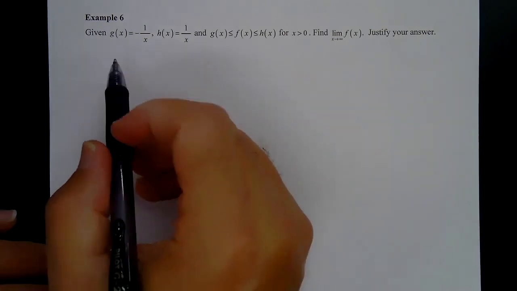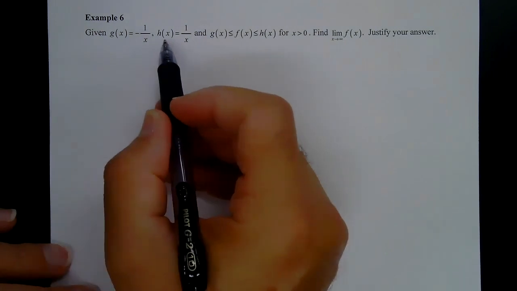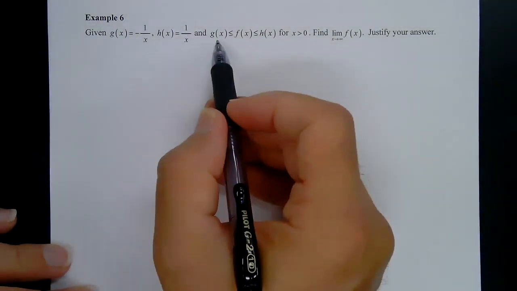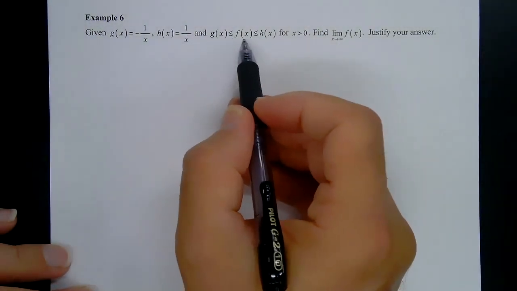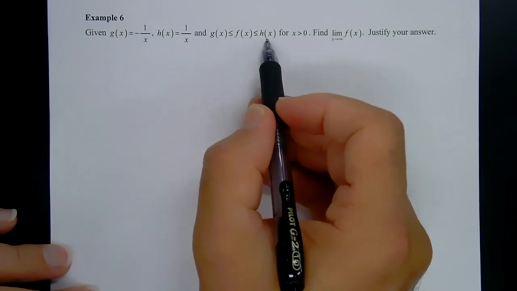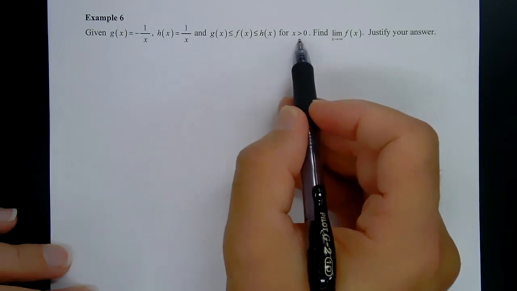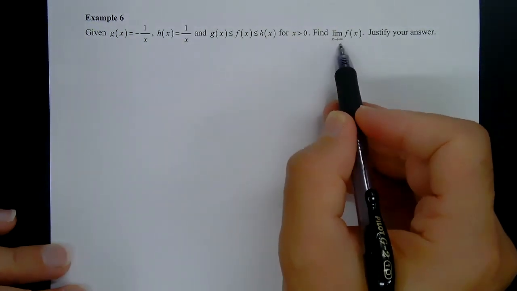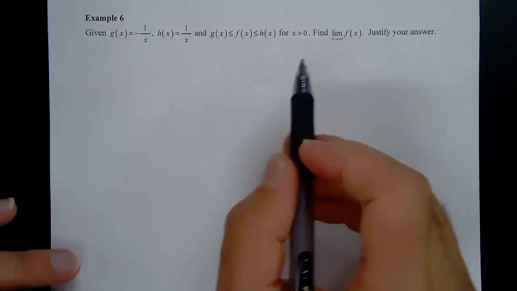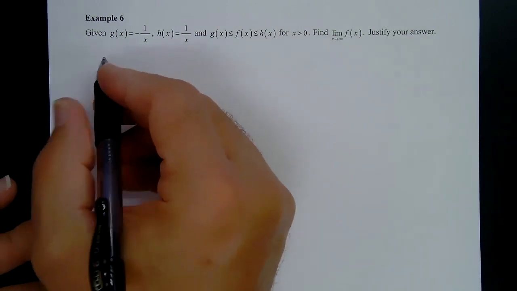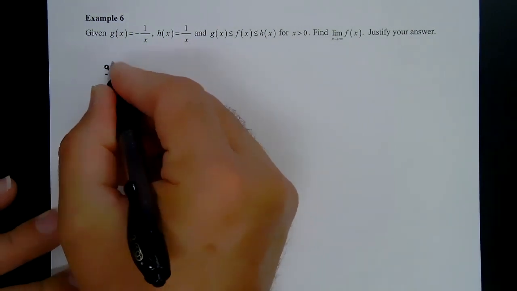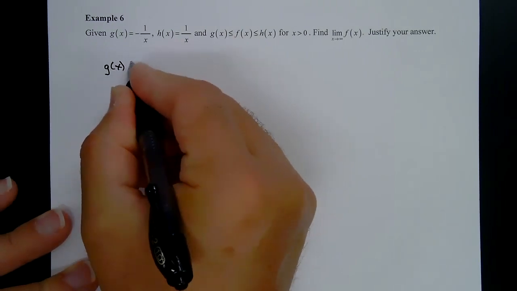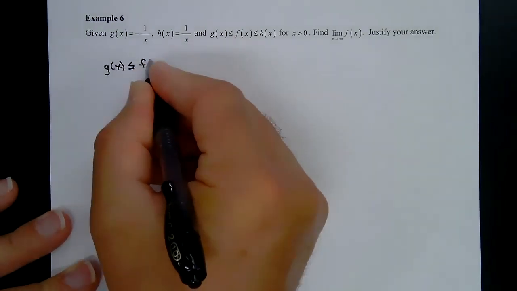So for this one, g of x is equal to negative 1 over x. h of x is equal to 1 over x. g of x is less than or equal to f of x, which is also less than or equal to h of x, for x greater than 0, okay? And then we want to find the limit as x approaches infinity of f of x. And so what we need to establish is that g of x is less than or equal to f of x, and you got to say this, okay?